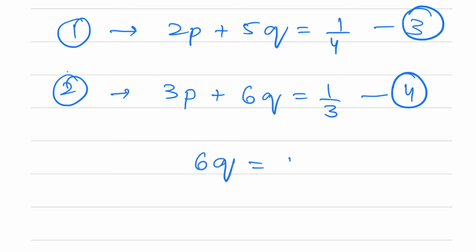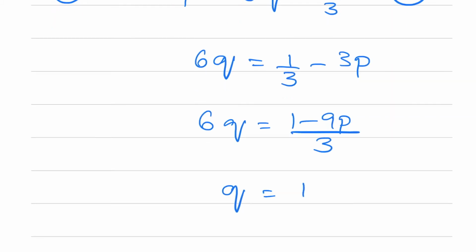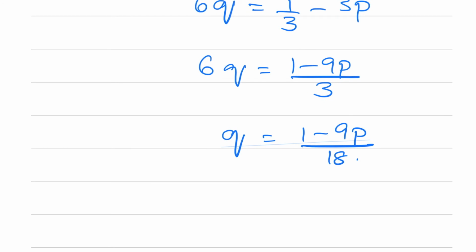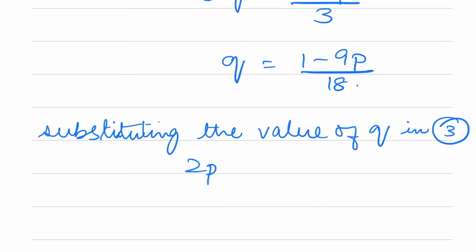So we can use the substitution method. So 6q is equal to 1 by 3 minus 3p. So 6q is equal to (1 minus 9p) by 3. So q is equal to (1 minus 9p) by 18. Now I'll substitute the value of q in the third equation. 2p plus 5q is equal to 1 by 4.